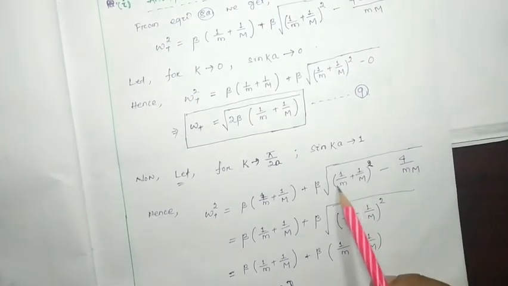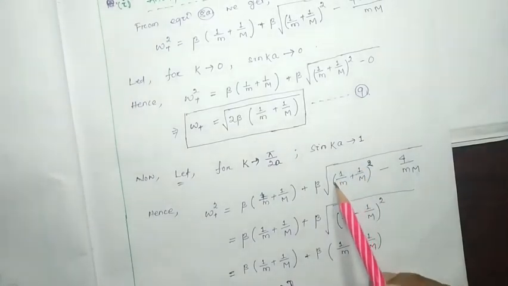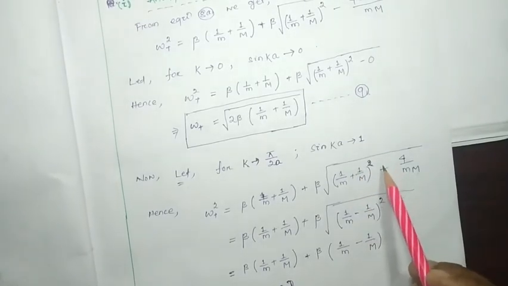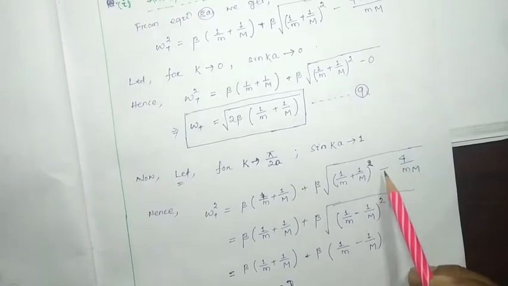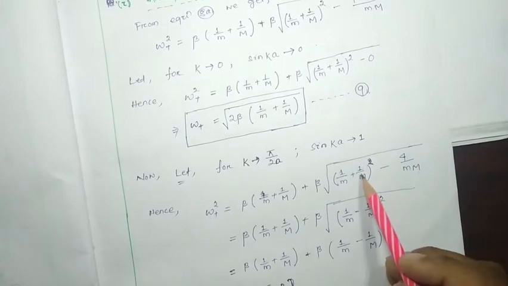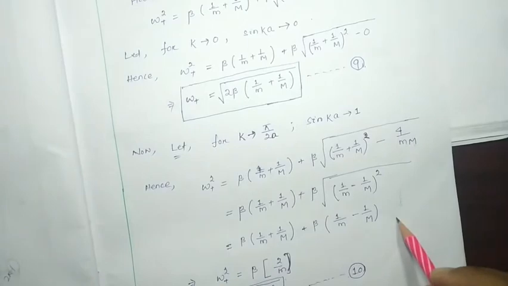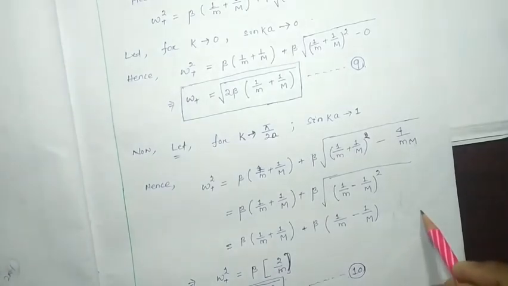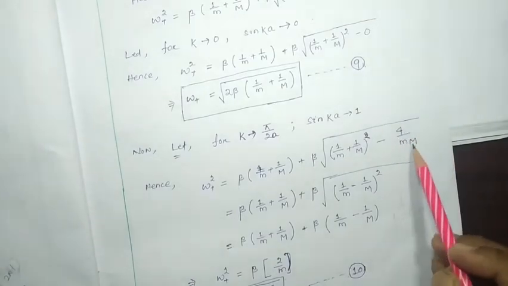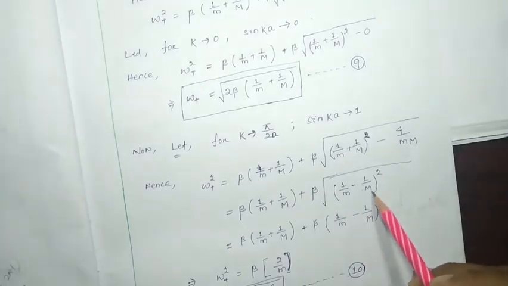If you consider this as (a plus b) square, then this will be 1/m square plus 1/M square plus 2 into 1/m into 1/M. Here 4 by mM, so it will be minus 2 by mM, hence this will be (1/m minus 1/M) square.